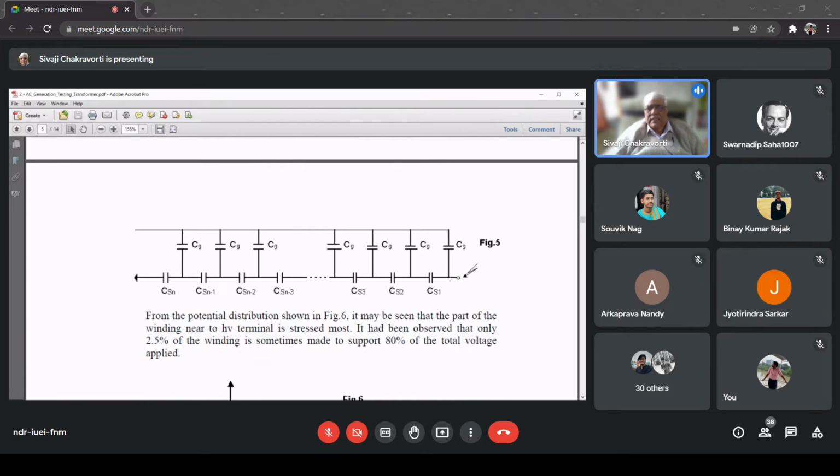So the series current that is flowing through CS1, some amount of current gets bypassed through CG. So the series current through CS2 will be slightly less than CS1. Similarly, the series current through CS3 will be slightly less than that through CS2. In this way, we can find that the current that is flowing through this series capacitance is gradually decreasing from line terminal to earth terminal.